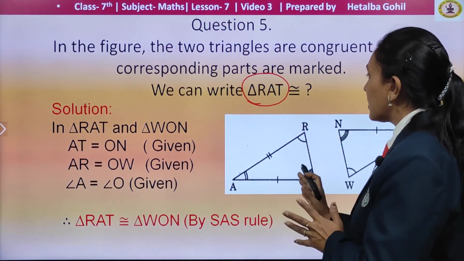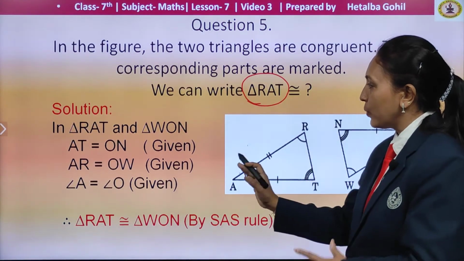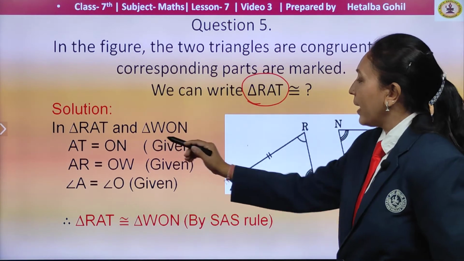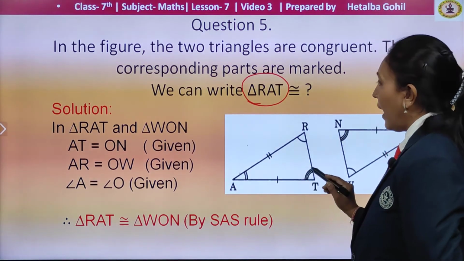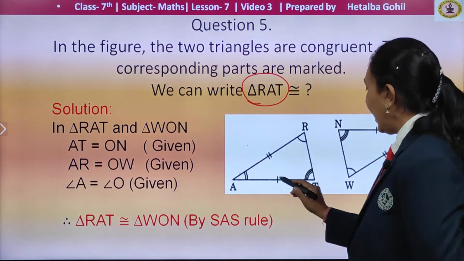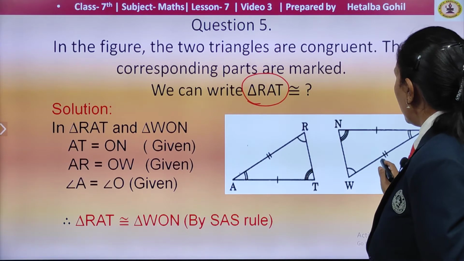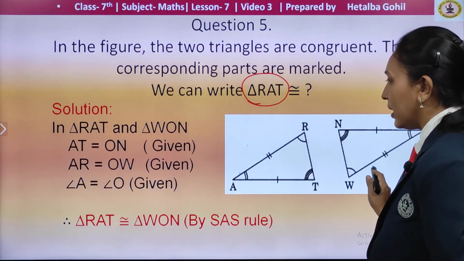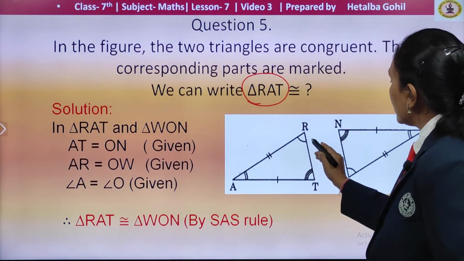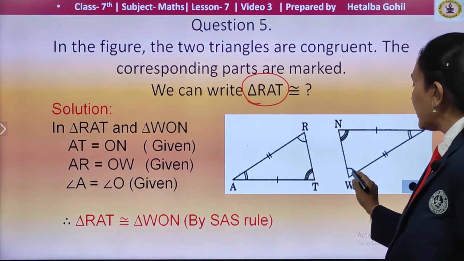So let us now start matching the vertices or the sides, children, given to us. Now in triangle RAT and triangle WON, children, you can see that AT is equal to WO, that is the side here. Okay, so R, children, just first go to the R. R is matching to which vertex, children?